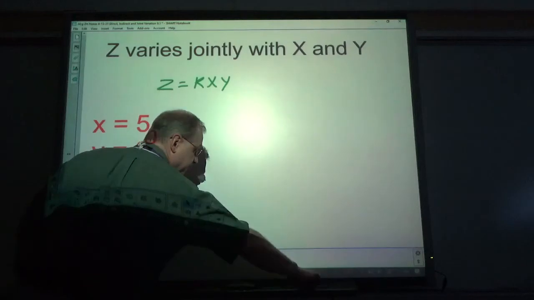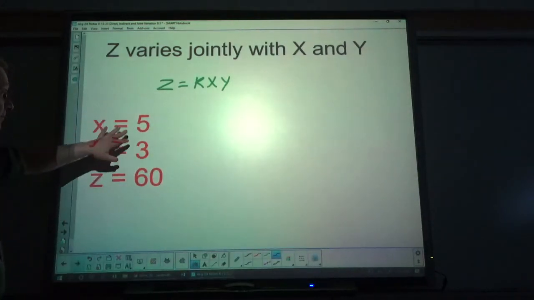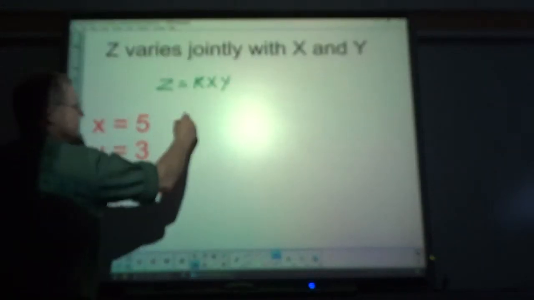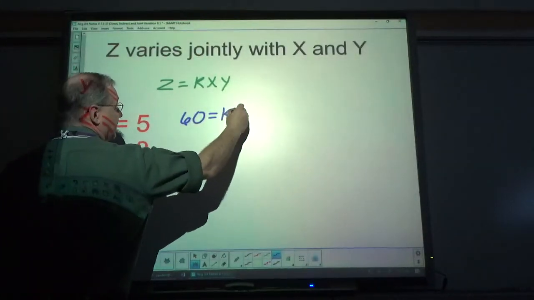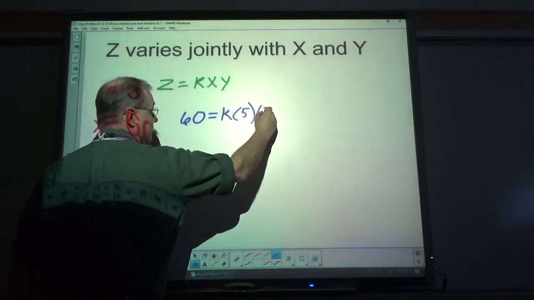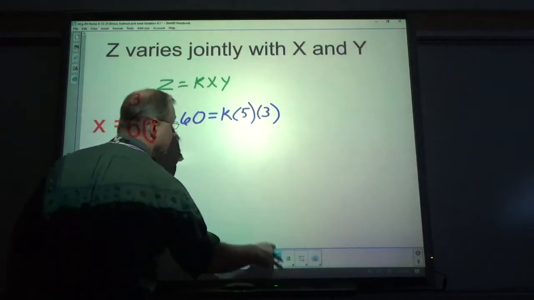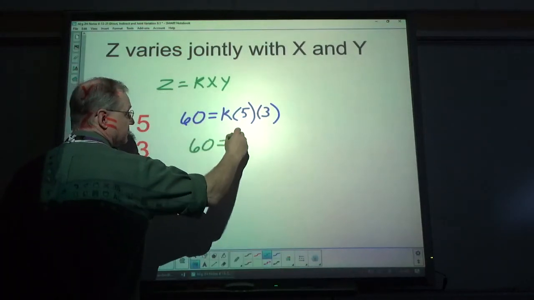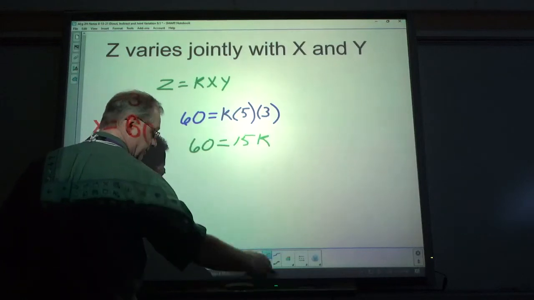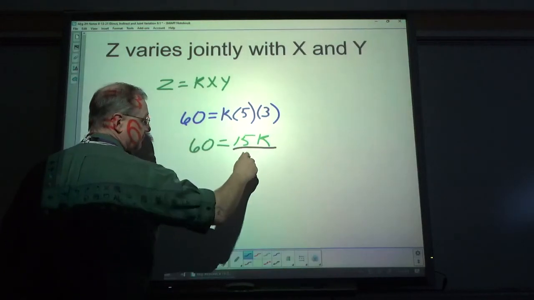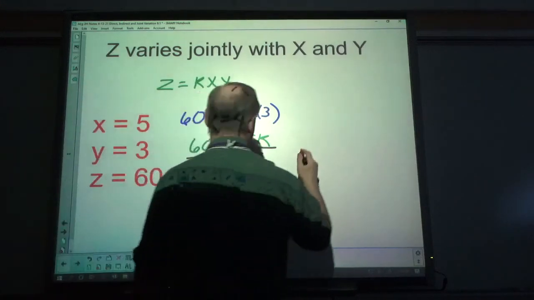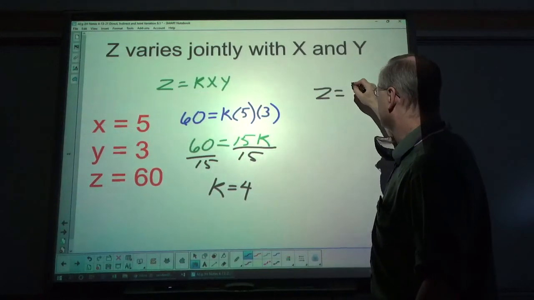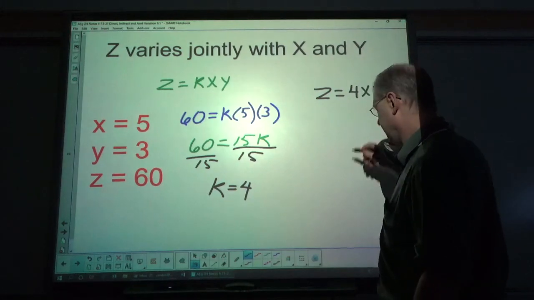So now to find the k value, I have to plug in all 3 of these. X is 5, y is 3, 60 equals 15k. Divide by 15. K is 4. So z equals 4xy.